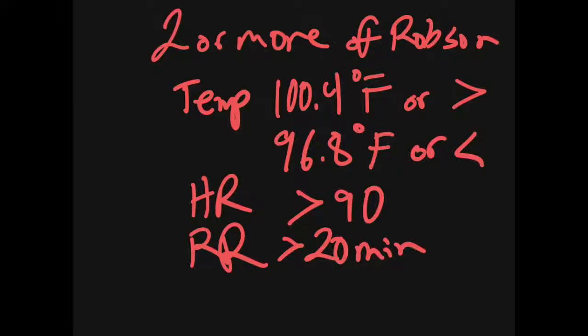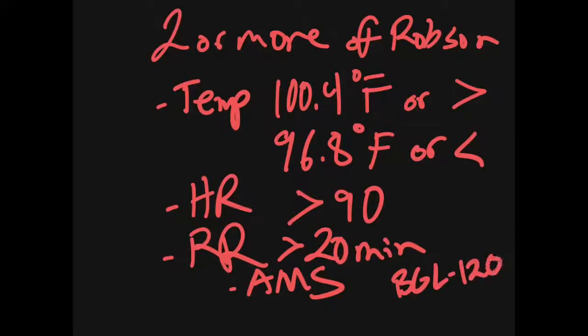They also use an acutely altered mental status. So if they have an altered mental status, and a blood glucose greater than 120. Now this is greater than 120 if they are a non-diabetic.